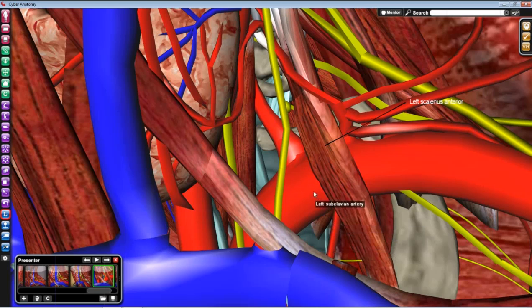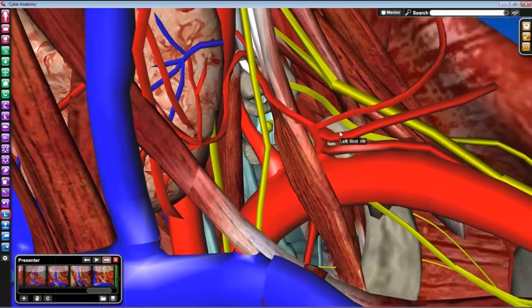And then the third branch usually comes off proximal to the anterior scalene. In this model, it actually comes off proximal to the anterior scalene. In this model, it comes off distal. But you can expect to see some variation in these arteries, so I think that's okay.